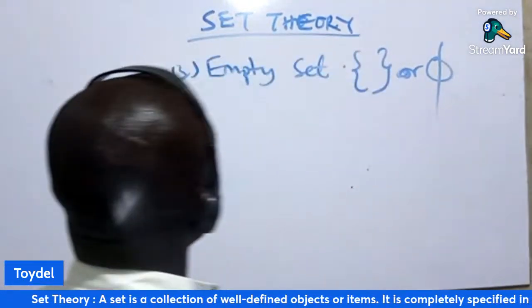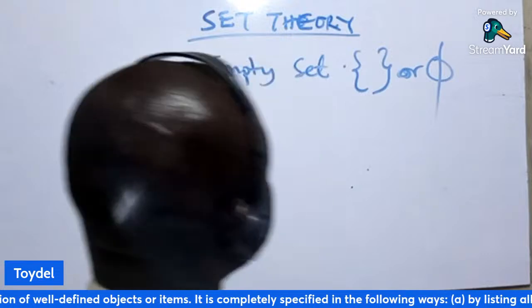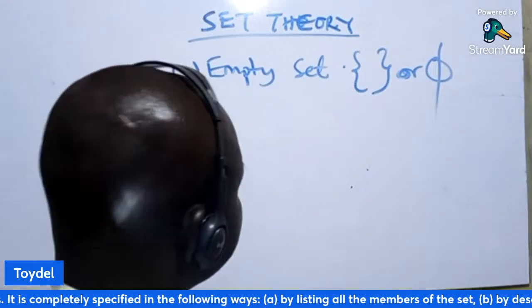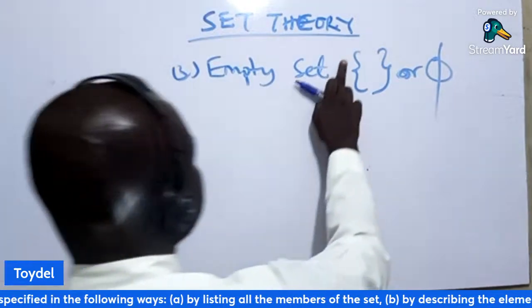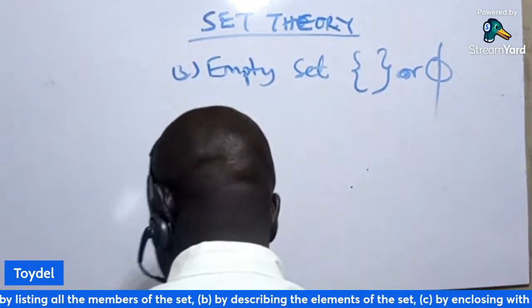For instance, let's say the set of human beings with four heads. In the natural sense, we cannot get it, but I wouldn't know. In the abnormal sense, it's possible, but we go after reality here. So the empty set is a set without elements.